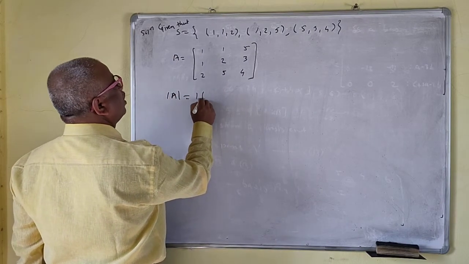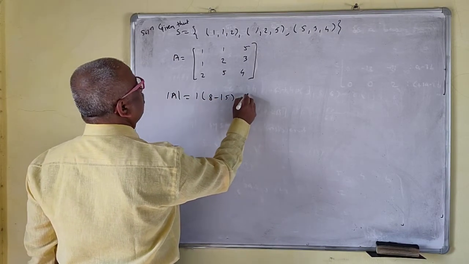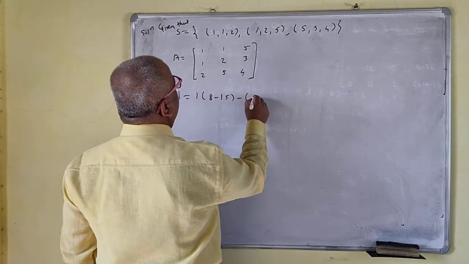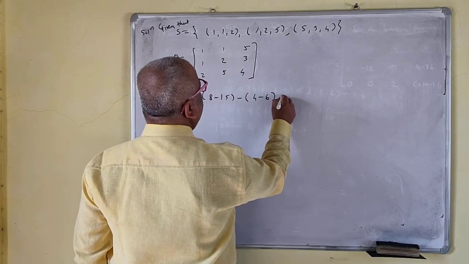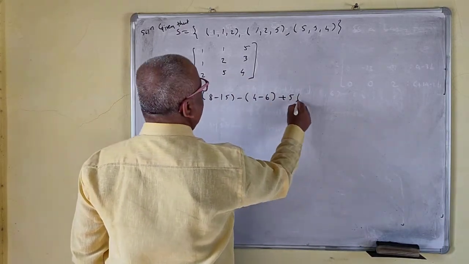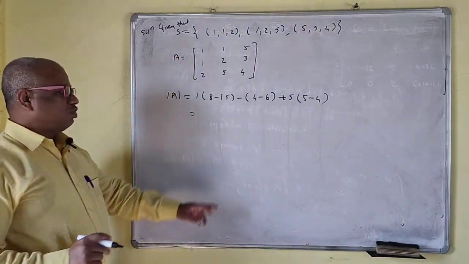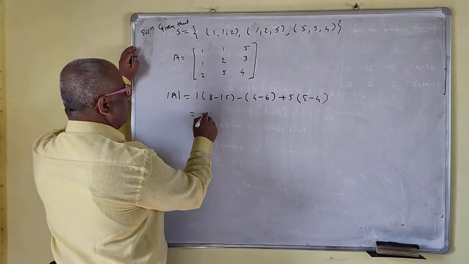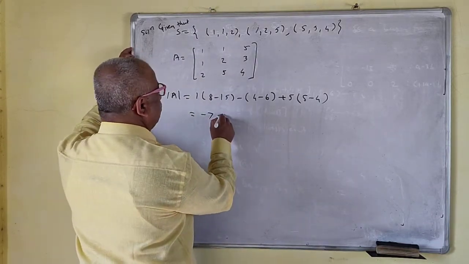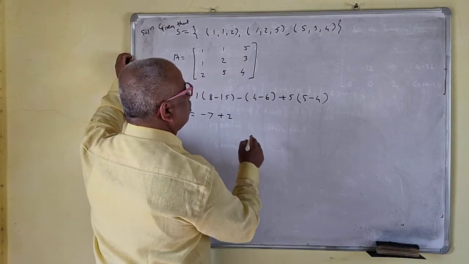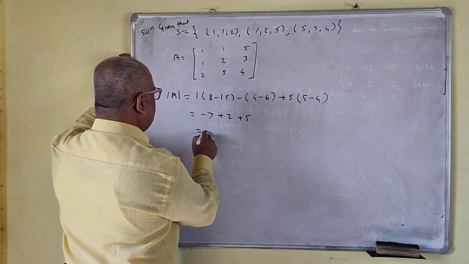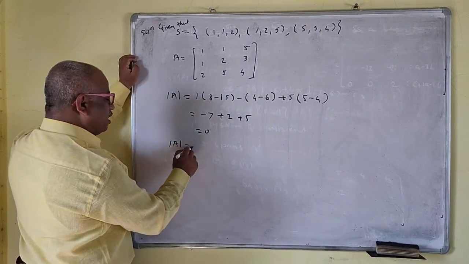Determinant of A is 1 into (8 minus 15) minus 4 into (minus 6 plus 5) plus 5 into (5 minus 4). So this is minus 7 plus 2 plus 5. So this is 0 now. Okay, so determinant of A is equal to 0.